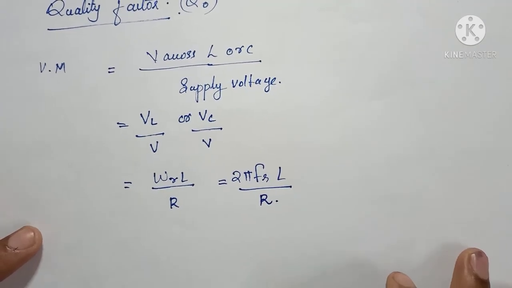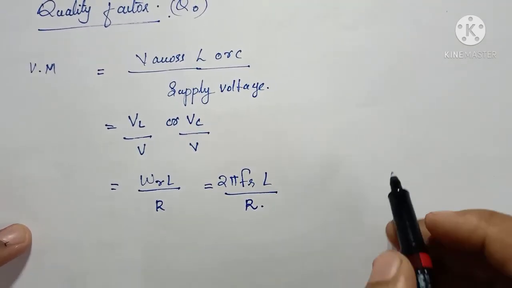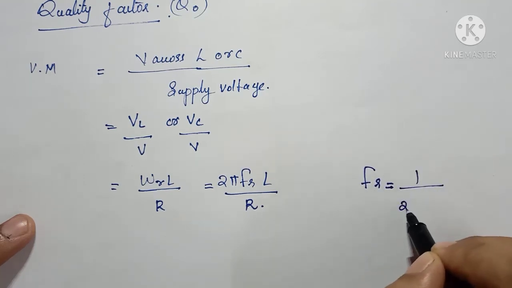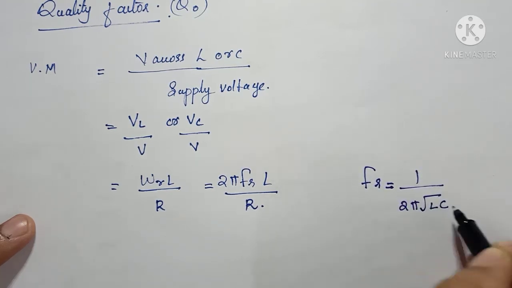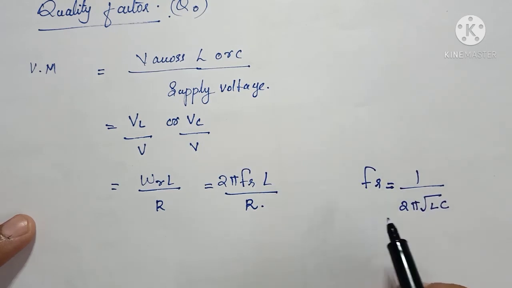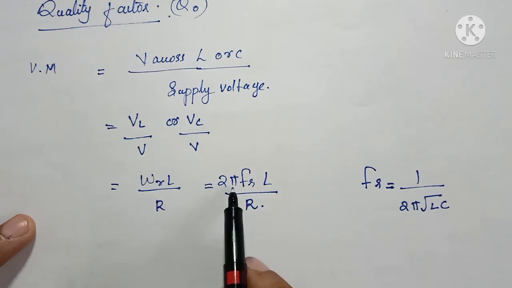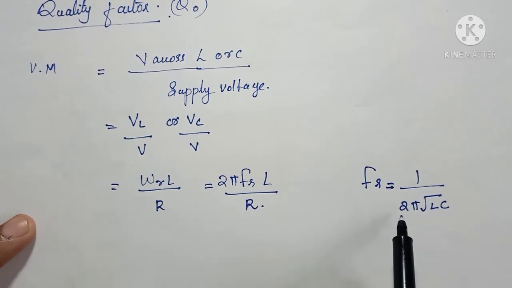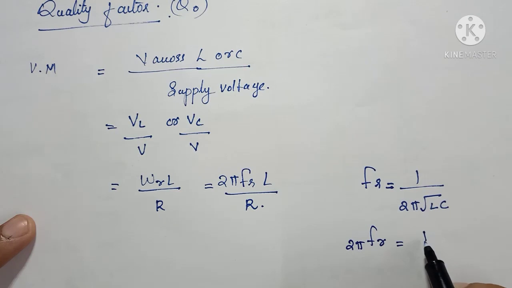We know that the resonant frequency FR is equal to 1 by 2 pi root of LC. From here we can replace this 2 pi FR. 2 pi FR can be rewritten as 2 pi into FR equals 1 by root LC.